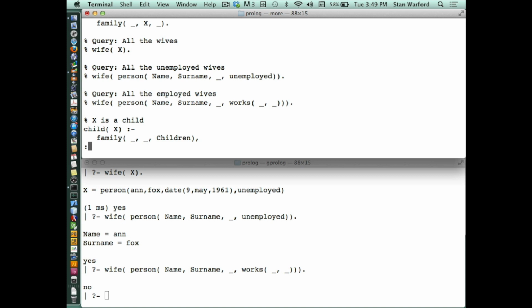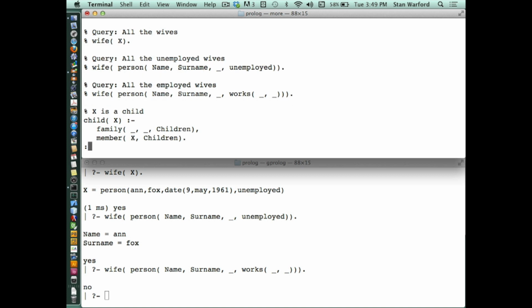Member X children. Are you with me? Is that built in? Yeah, member is built in. We did my member, but member is built in. So we're finding out if a specific name is a child. We're not listing the children, we're finding out if. Well, this is the definition of X is a child. Are you with me?